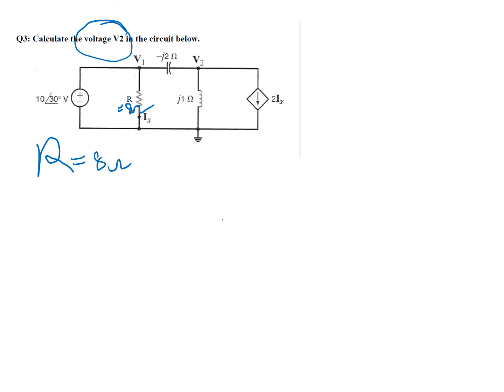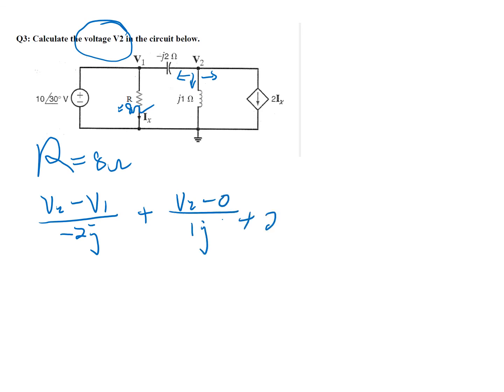V2 is a node voltage, so we can perform nodal analysis. Assume all the currents leave that node, so we have V2 minus V1 over negative 2j plus V2 minus 0 over 1j plus 2Ix. Our goal is to find V2, but we have two other unknowns.